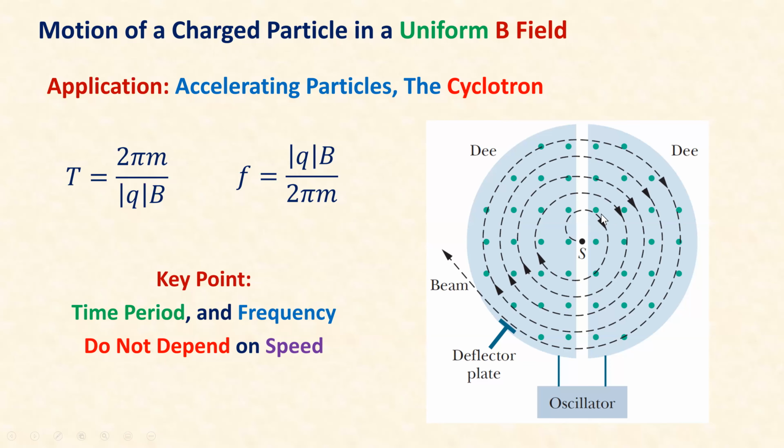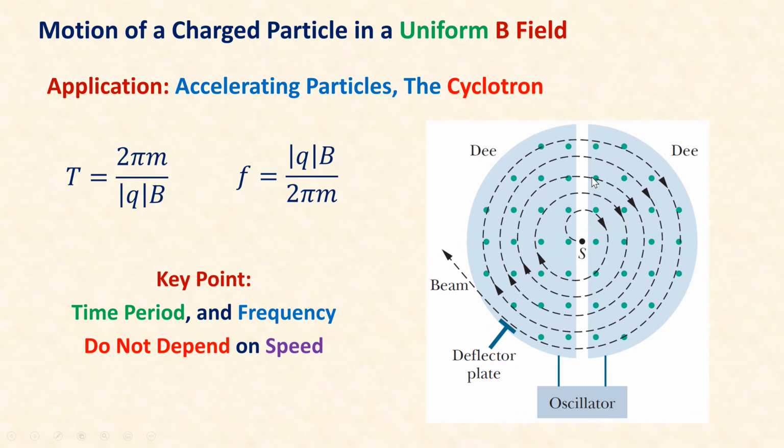And then during that time, the polarity of these again changes. So this becomes negative now, this becomes positive, then accelerates further to this side and goes on a larger circle. Again, accelerates, goes larger, larger, larger until it gets to the deflector at the end. And then you have a beam of high speed particles. So this is an accelerator.